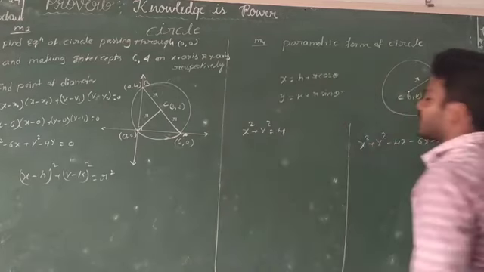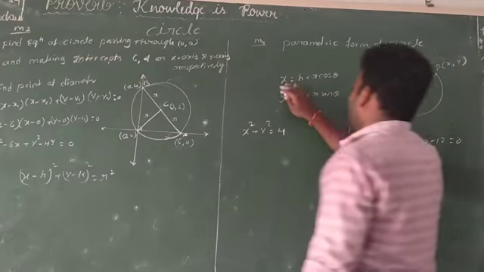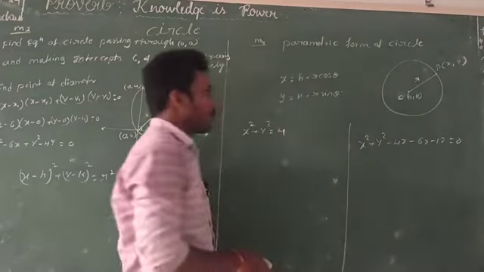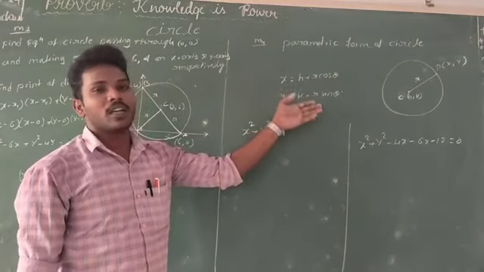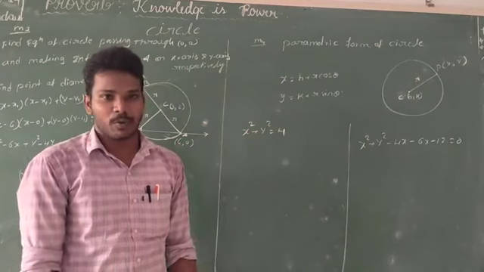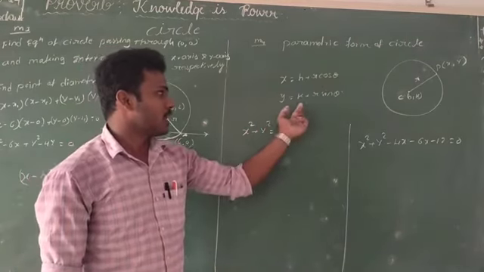P is a point on the circle, that is (x, y). I can write this (x, y) in terms of trigonometric values. That's the parametric form. So x is equal to h plus r cos theta, y is equal to k plus r sin theta. How to get these values, we discussed their proofs previously.